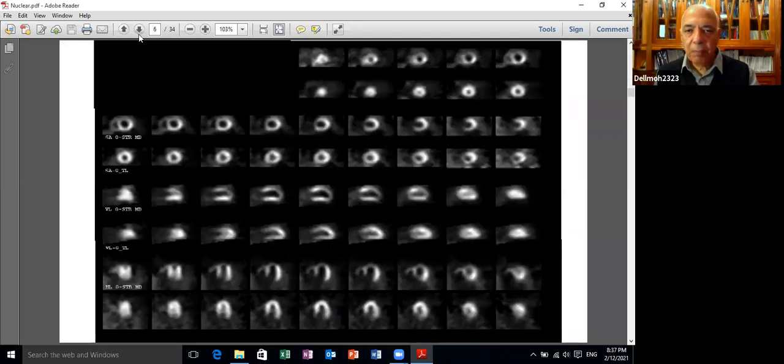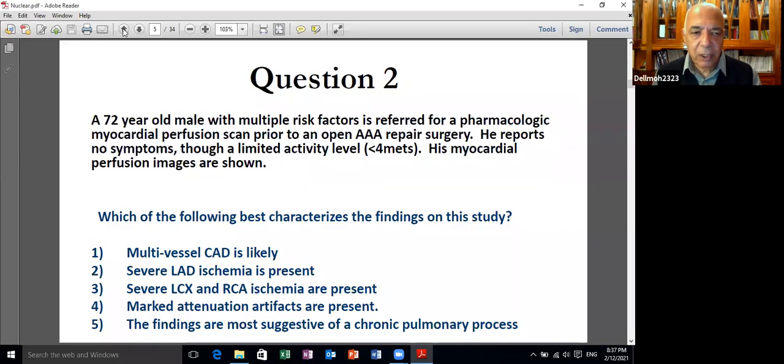This is the myocardial perfusion image. Don't be confused. Short axis for the upper 4 rows, horizontal, vertical long axis, and horizontal long axis. Have a good look at this, and then we'll come to it again after we see the questions.